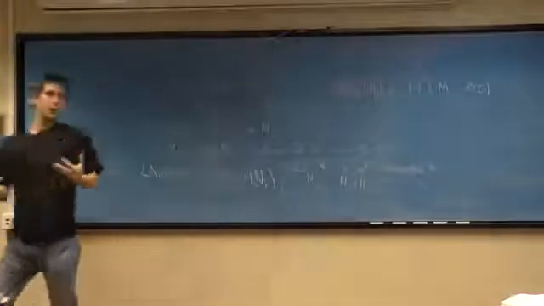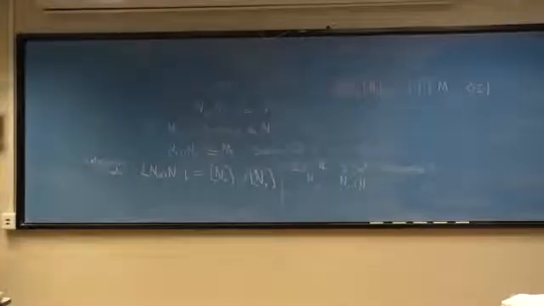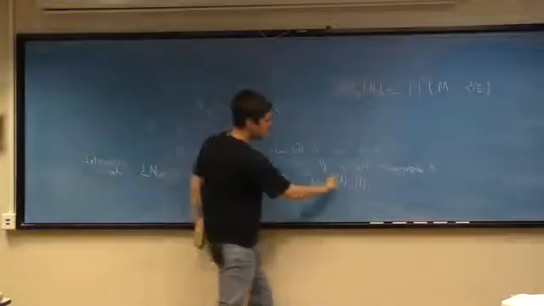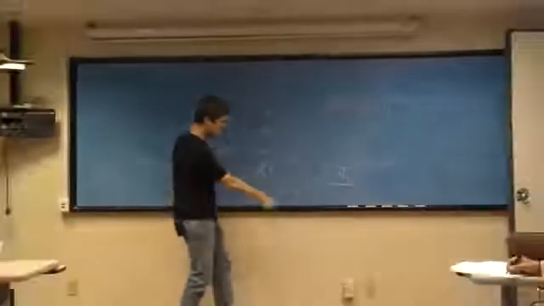So you asked the question, what does derived geometry do for you? Well, one of the things that it does is it gives you a correction to this. It gives you some way of making sense of N0 intersect N1.